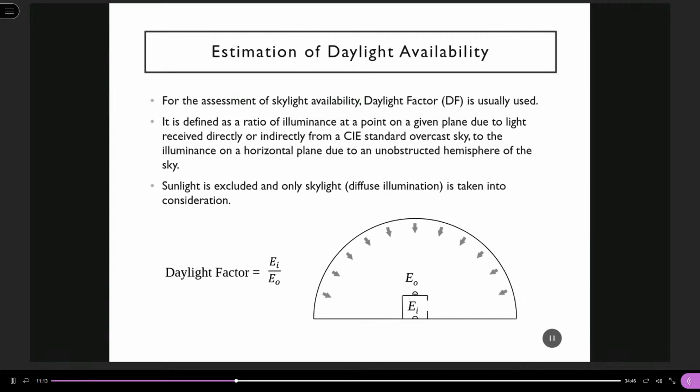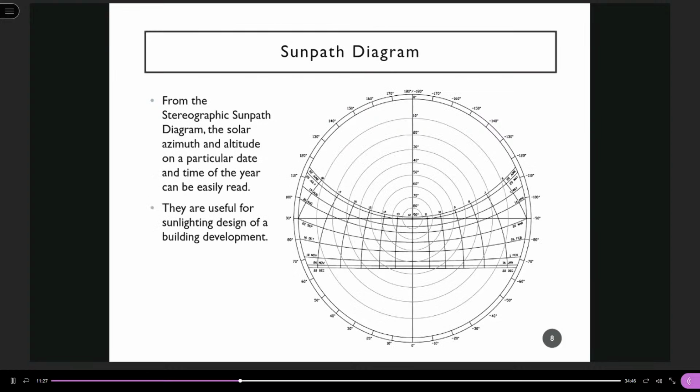Daylight factor. For the assessment of skylight availability, we use a parameter called daylight factor. In the earlier part of the lecture, we learned how to read the sun path diagram, which is for sunlight availability.